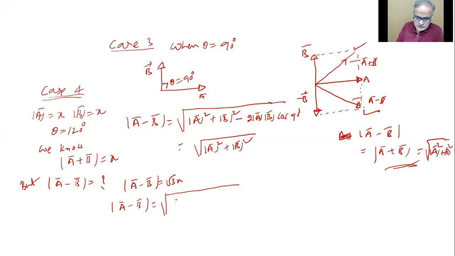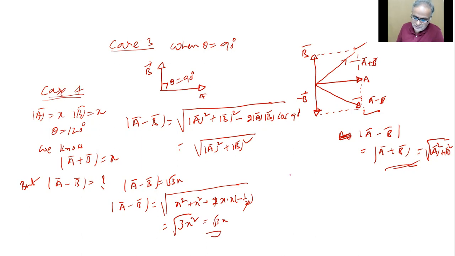Mod A square means x square. Mod B square means x square. Minus will be there in the formula, in the algebra. 2 into x into x into cos 120. Isn't it so? It cancels. Minus becomes plus. It will be 3x square under root, which is root 3 x.